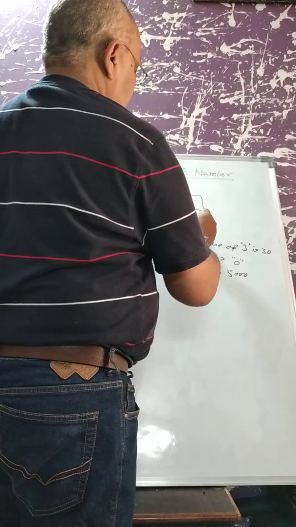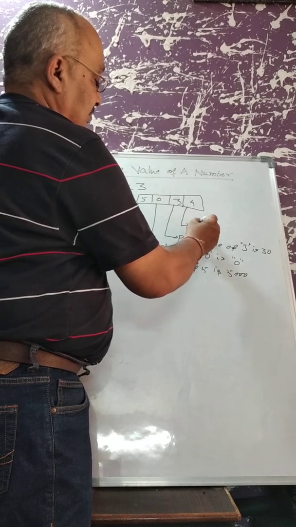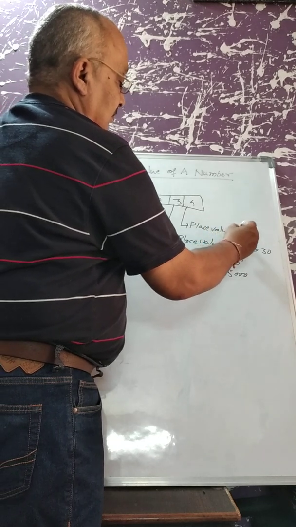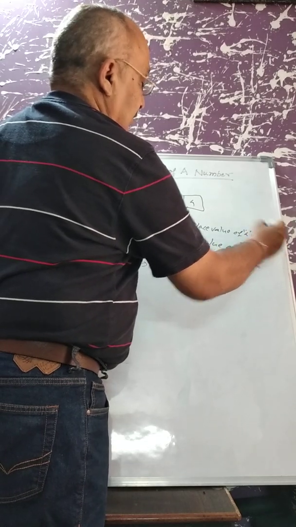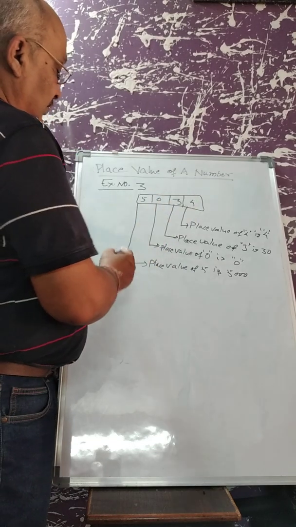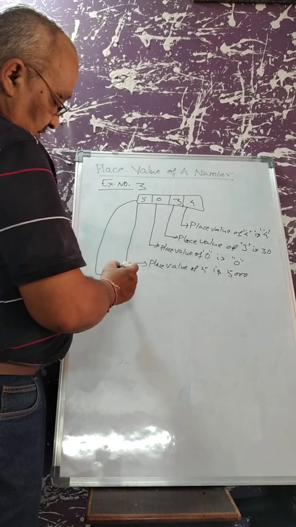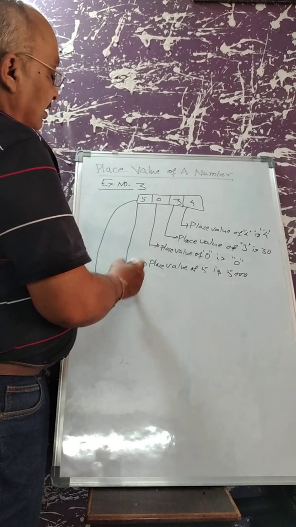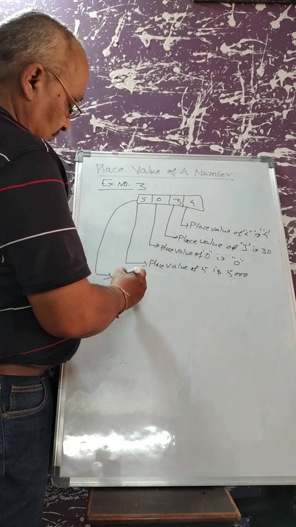And lastly, the place value of 4, which is at the place of ones, is 4. And combining 30 and 4, it becomes 34. So again we have to remember what I had explained in my last video. What will be the expanded form?